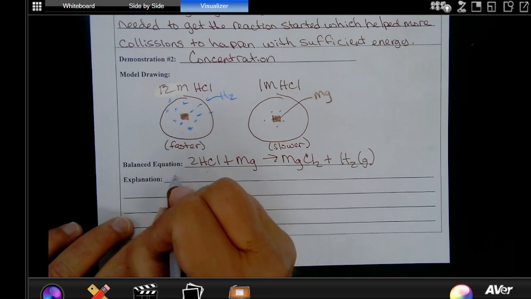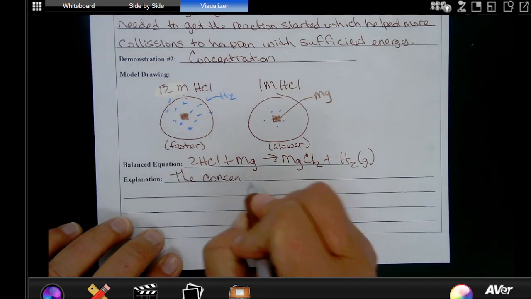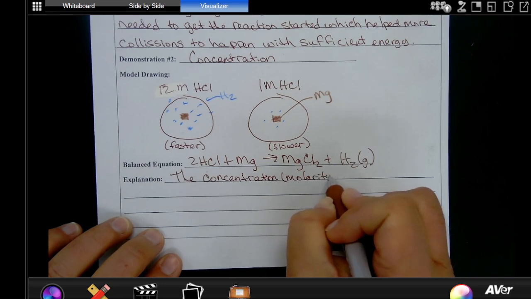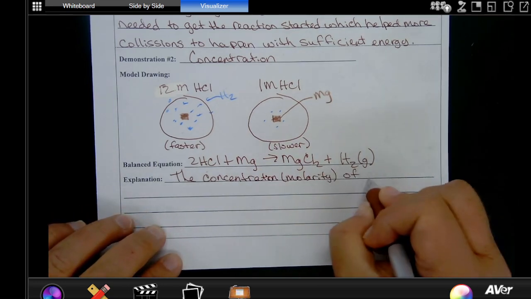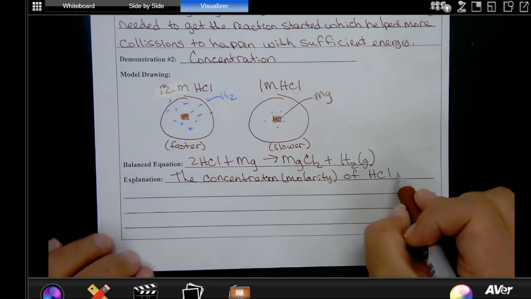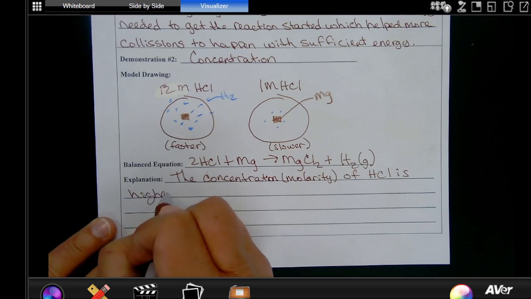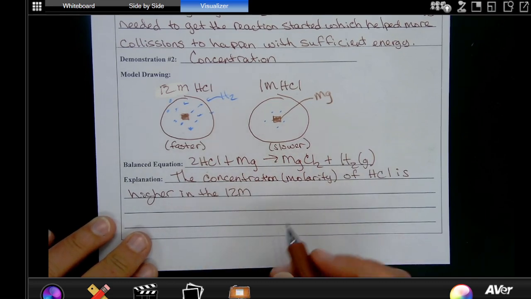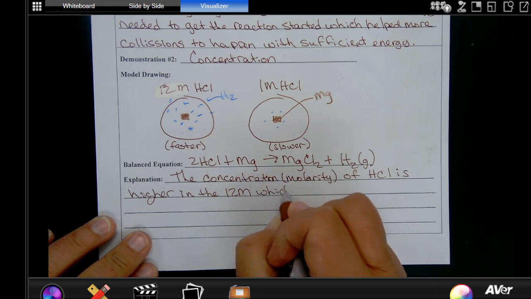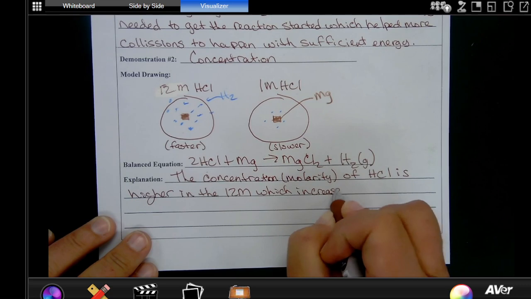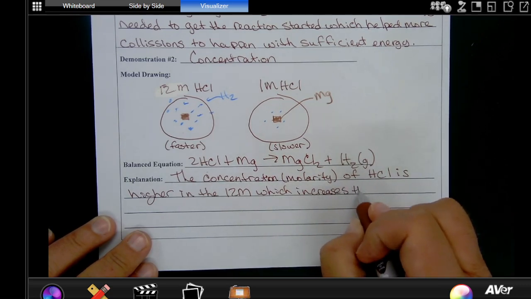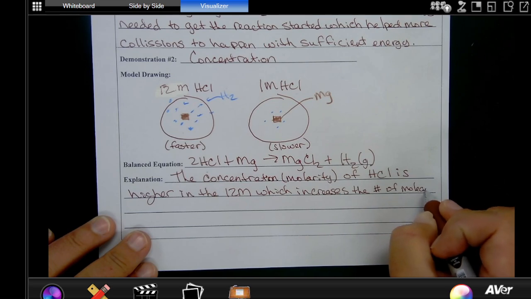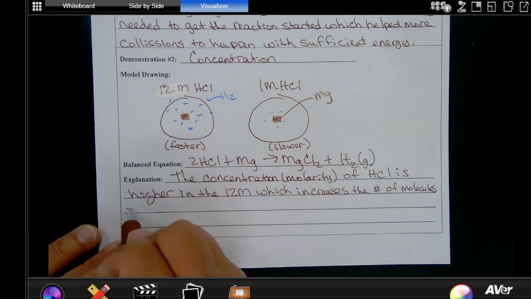So the explanation for this one is the concentration, or what we call here in chemistry molarity, of hydrochloric acid is higher in the 12 molar, which increases the number of molecules in the same volume.